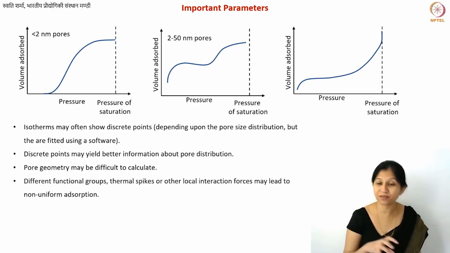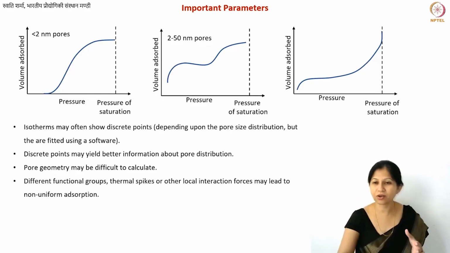So there are various parameters that can change the local adsorption behavior. If you have fractal-like porous structures, maybe sometimes the gas molecules cannot go all the way inside all the pores, and some parts of the material are blocking some other pores. So there is definitely a possibility of errors, and you need to understand that for your particular material.